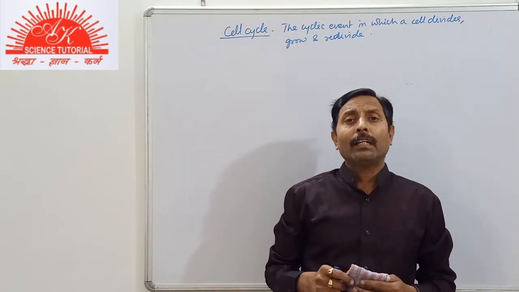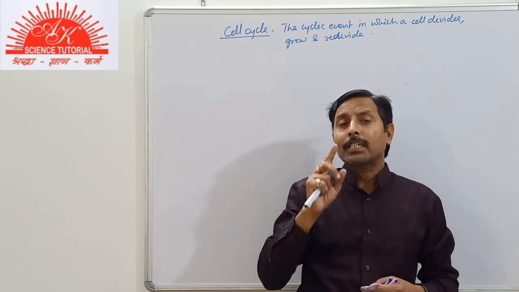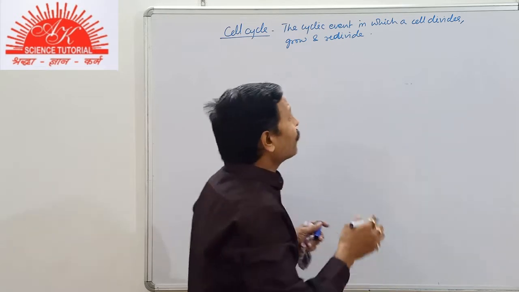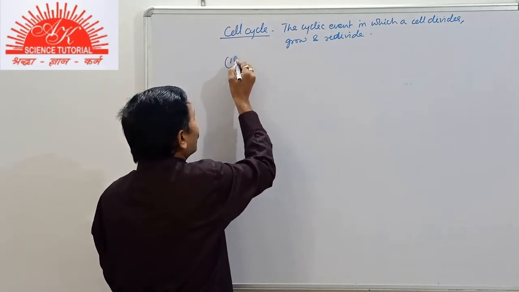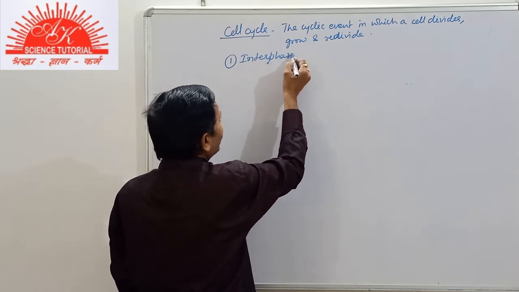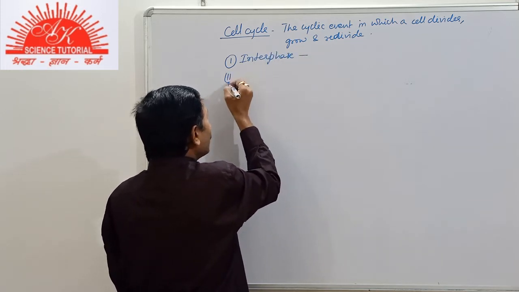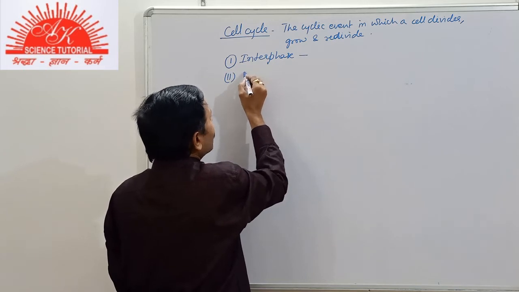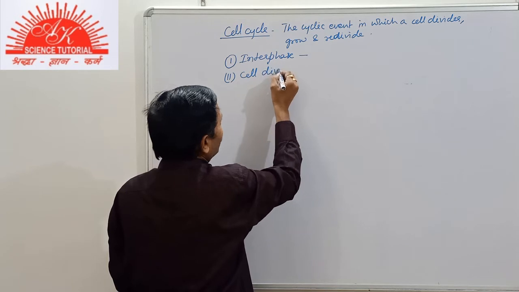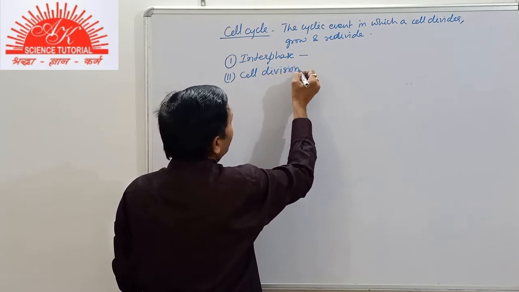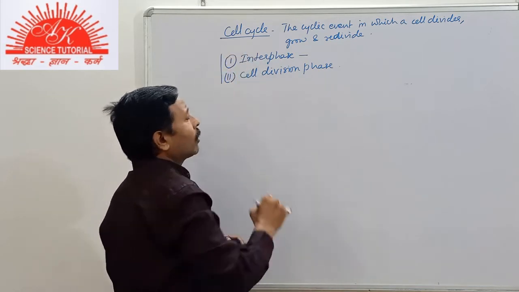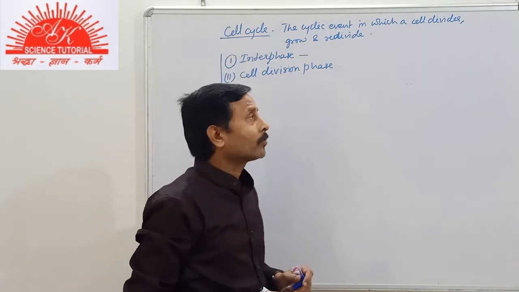Every cell cycle consists of two phases. The first phase is called interphase, and the second phase is the cell dividing phase or cell division phase. So the cell cycle consists of these two phases.